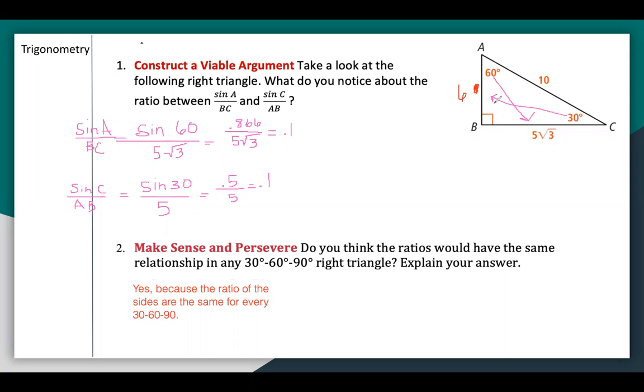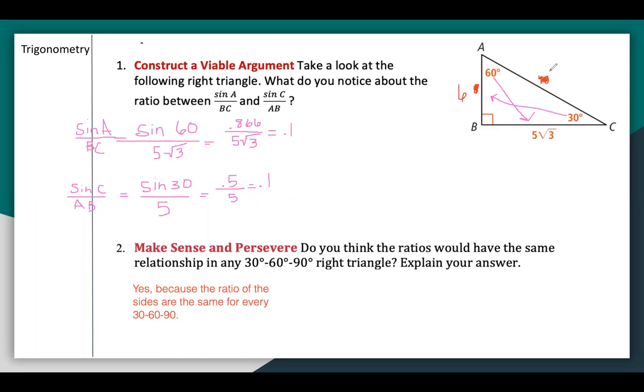Well, if the side opposite 30 is 6, we knew that the side across the 90-degree angle is double the side across the 30 degrees. So across the 90 degrees should be equal to 12.